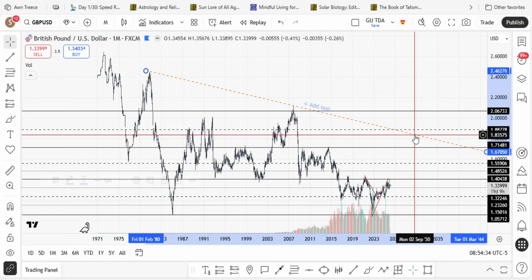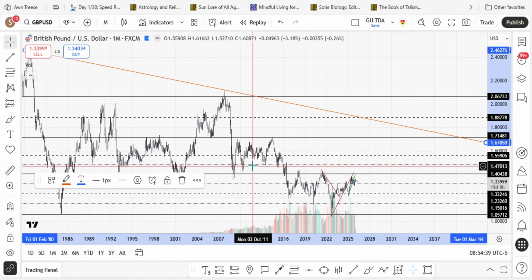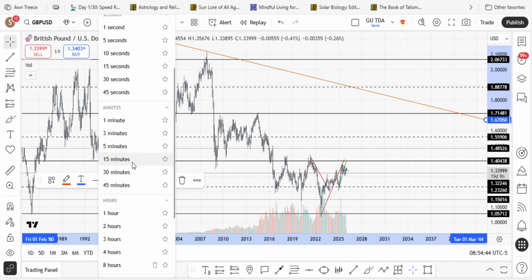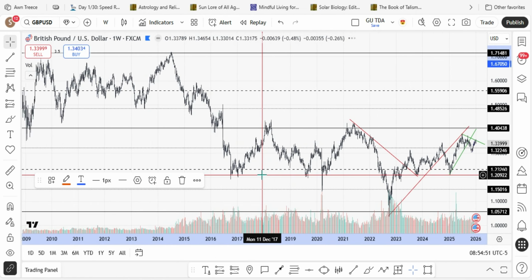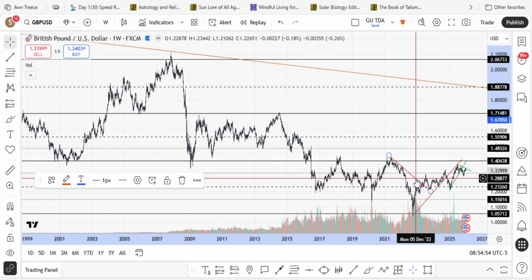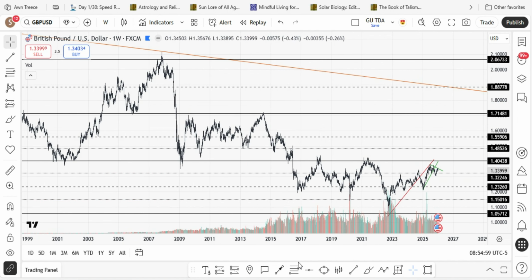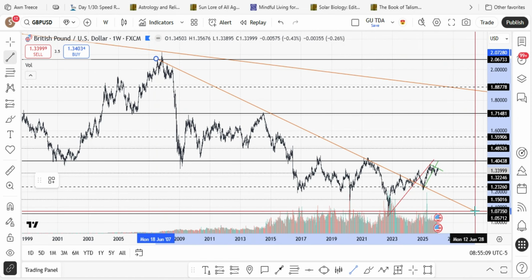It's supposed to be monthly. Then weekly. I don't know what this time here. I don't think there's a clear trend line for weekly.